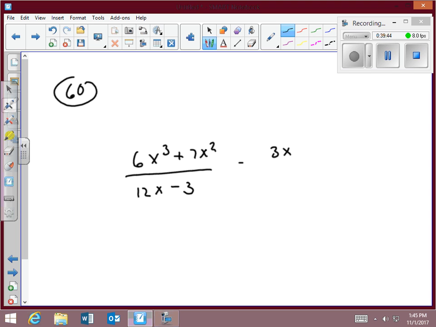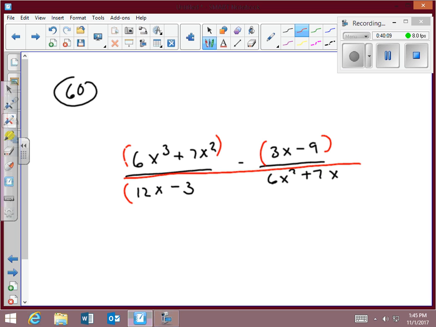It's 3x minus 9 over 6x squared plus 7x. Because I don't want to have to rewrite it. So now I'm going to think of this as all over one over the other, and I'm going to bracket these because they're binomials.